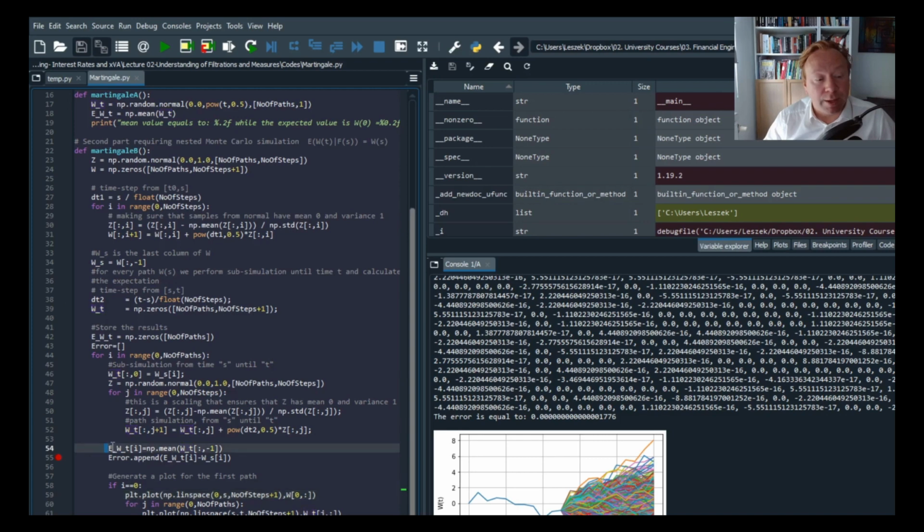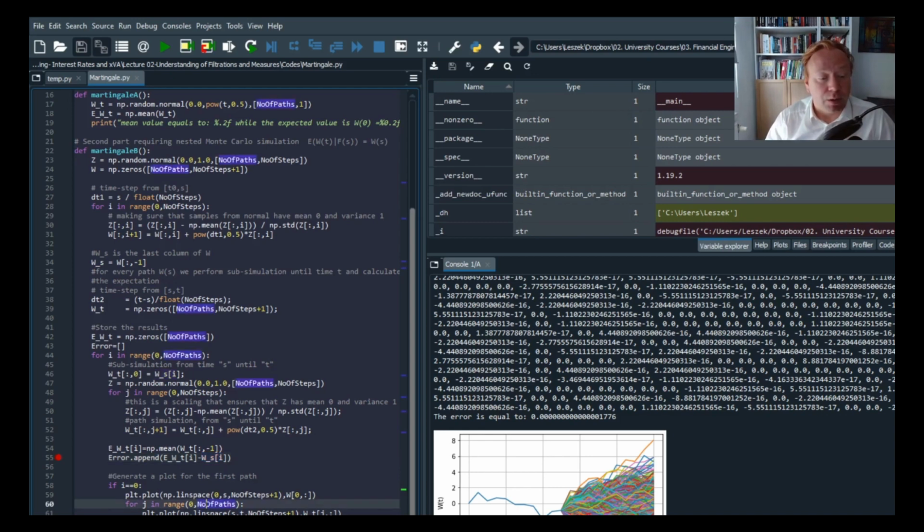Next, I calculate the expectation for each of those nested Monte Carlo paths, and I also calculate the error, which we measure as the conditional expectation on a particular path minus WS, the path we generated until that moment.